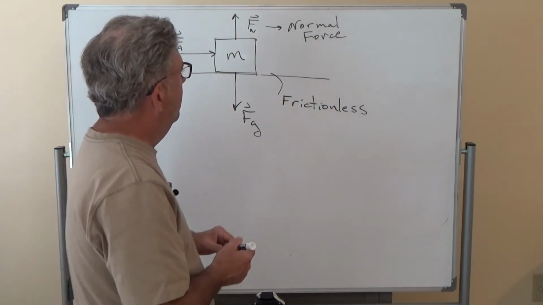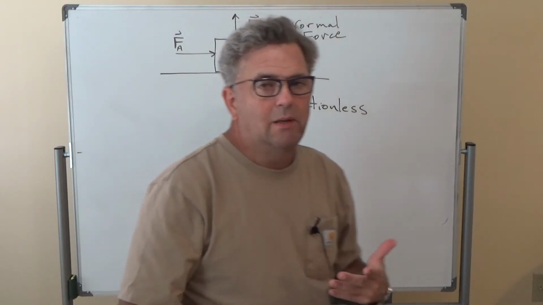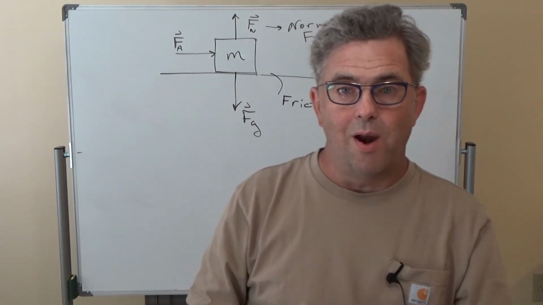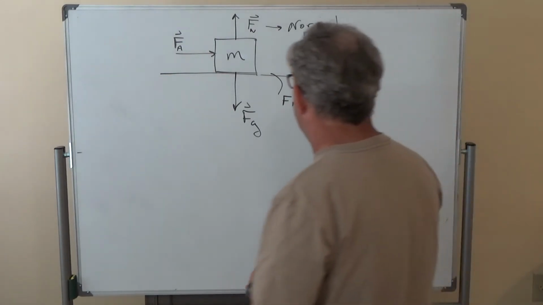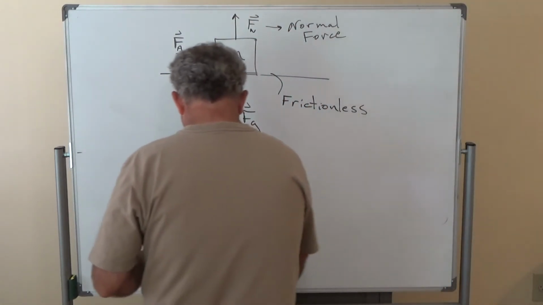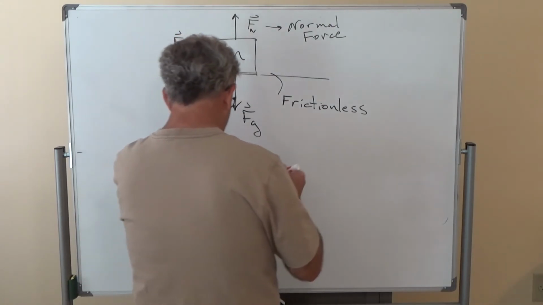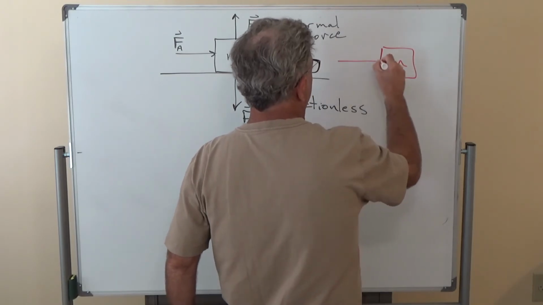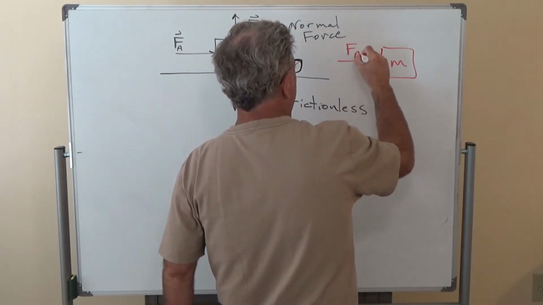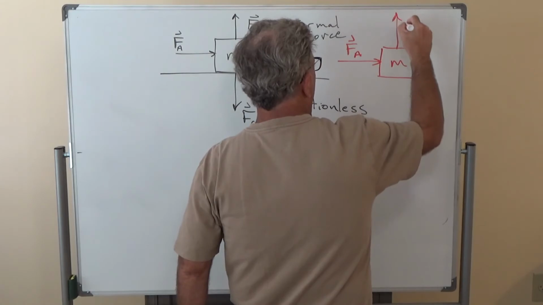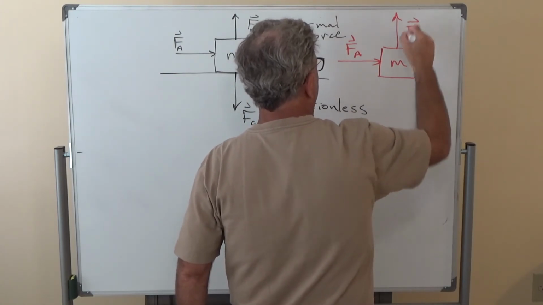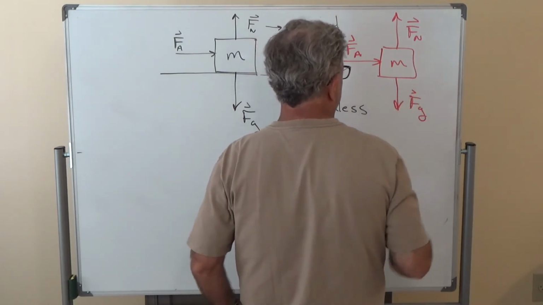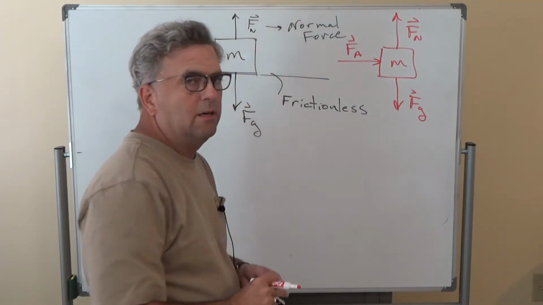This is so simple that I've drawn the free body diagram just on the object, but I like to move it out of its environment. So here's m. I have the applied force, the normal force, and the force due to gravity.